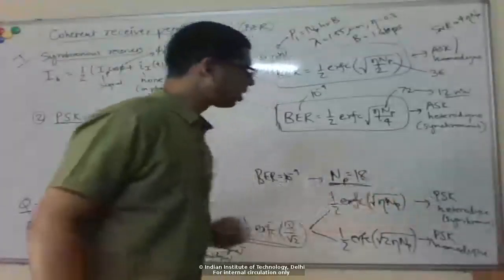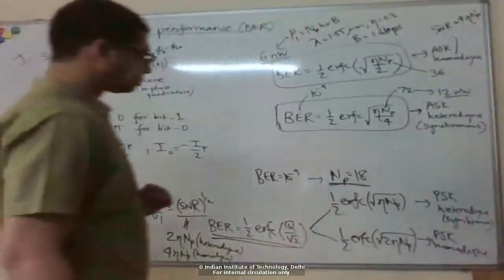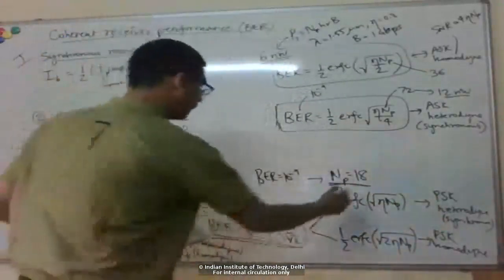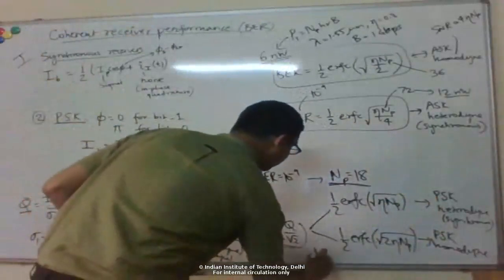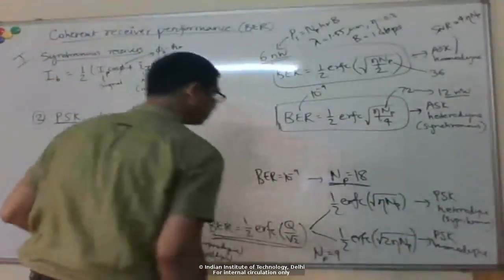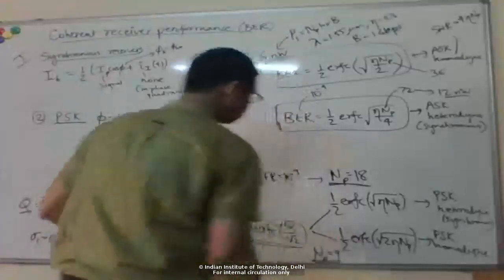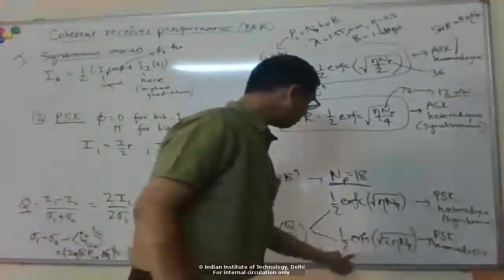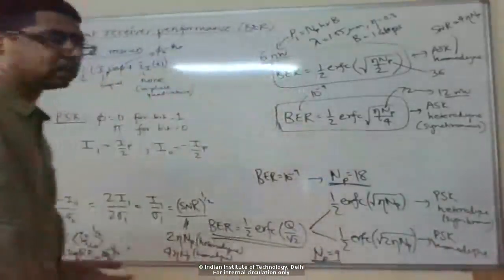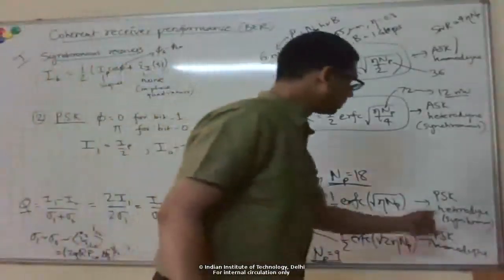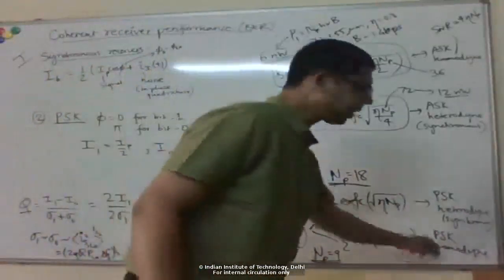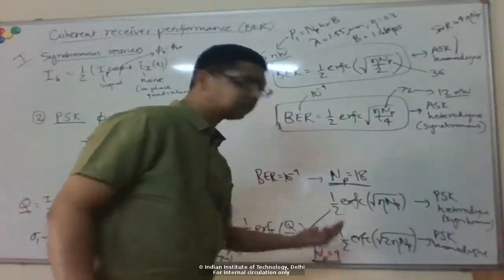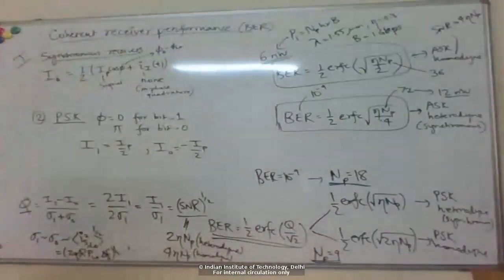I'm already down to 18 for the PSK heterodyne synchronous, and if I go to homodyne, then it's even lower, just 9. So this is actually the best modulation scheme if you can implement it: PSK modulation with homodyne detection gives you the best sensitivity, which is only 9 photons per bit.